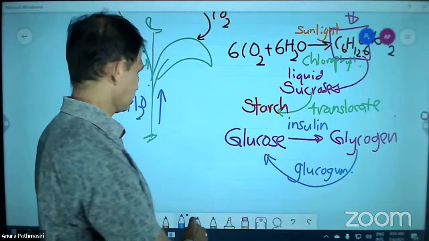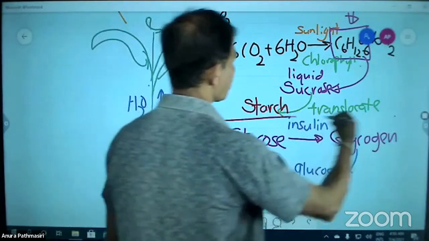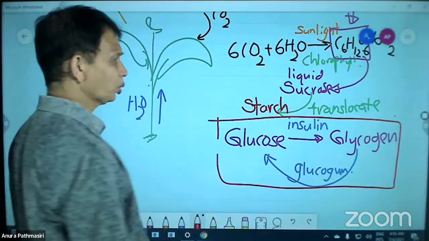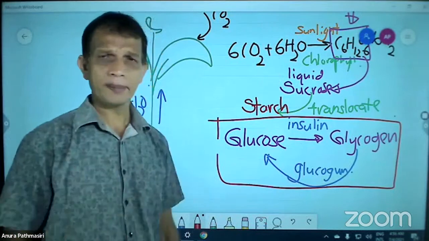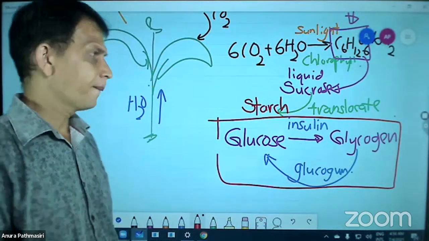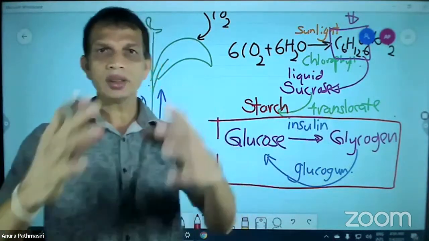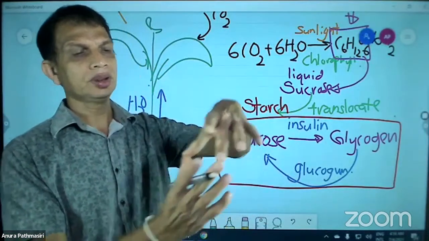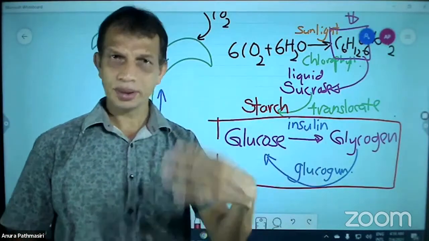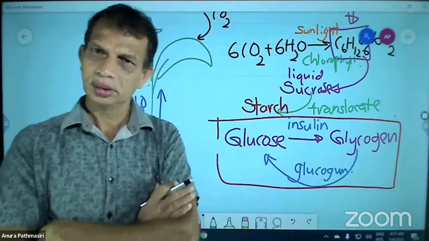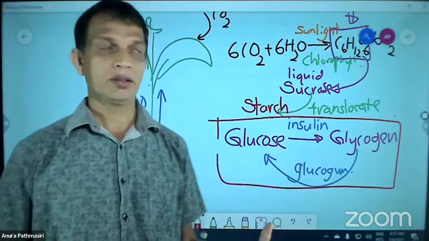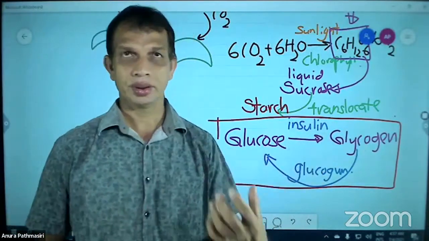My question is, well, if this is happening in our body, isn't it happening in the plant body? I mean, how can the starch be converted into glucose in the plant body? This is a simple question that I have.